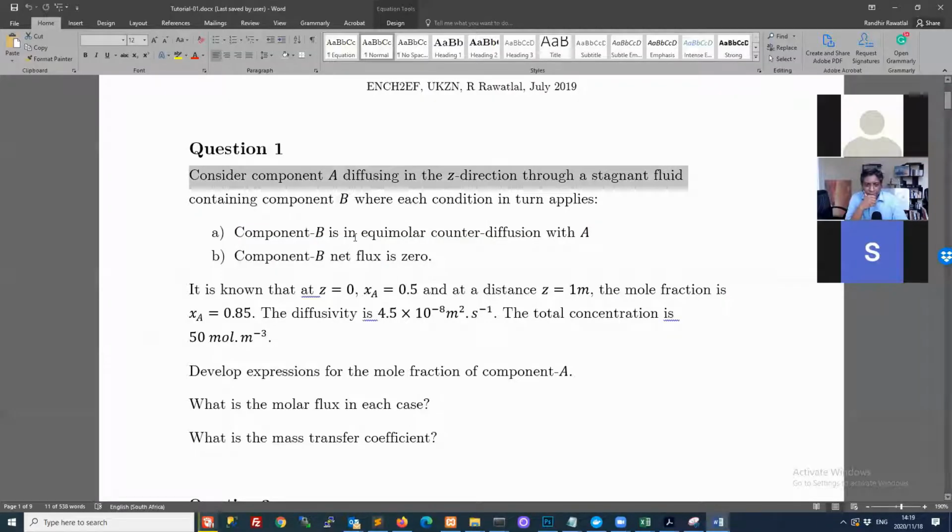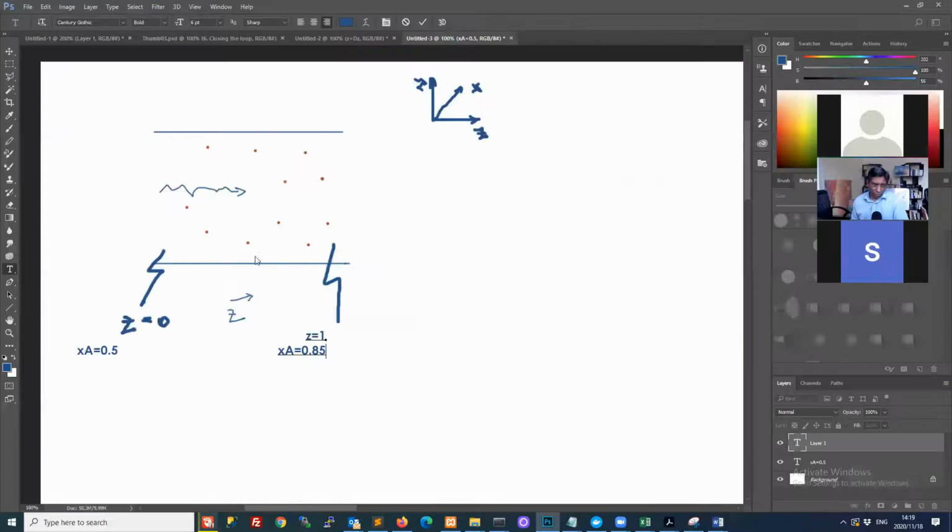So if we look here, the information, we are given the diffusivity, so the constant in your diffusion flux term, that's known. And then the total concentration is also known. So in your fluid here, we can identify a total concentration. If you take all the moles divided by the total volume, that's 50 moles per cubic meter.